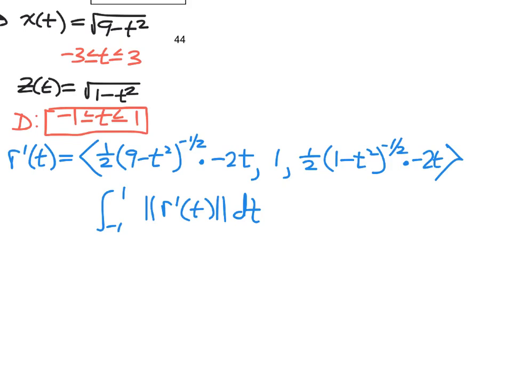So 9 minus x squared, x, and then the square root of 1 minus x squared. So you put those in.